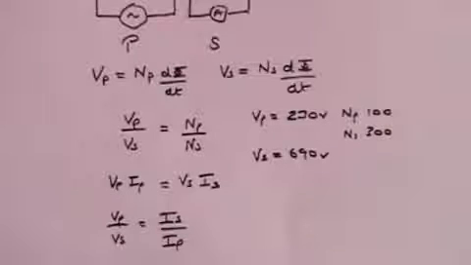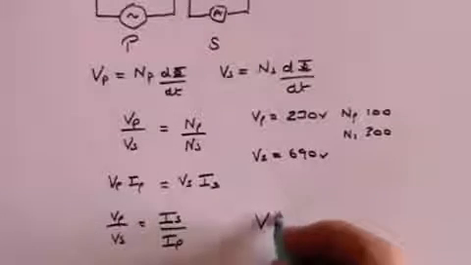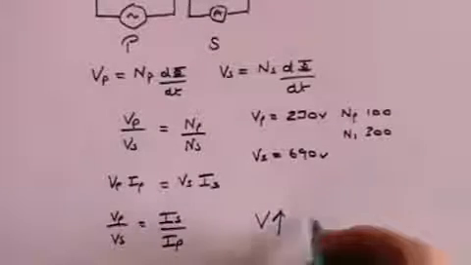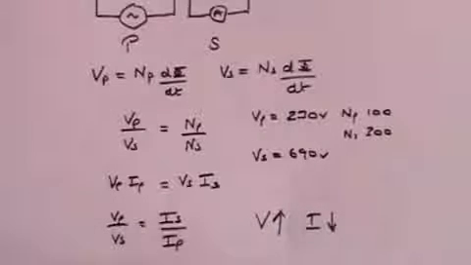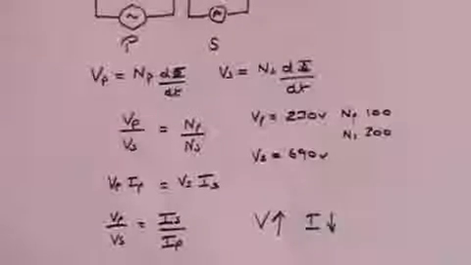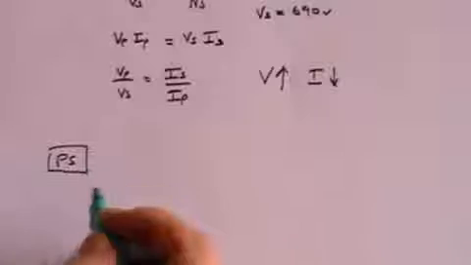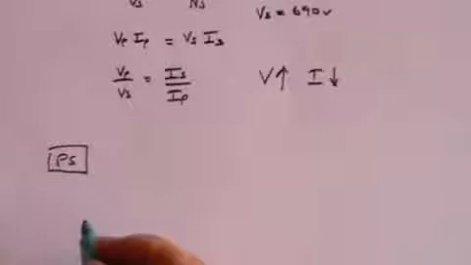And what that means is that for an induced voltage and induced current, if you step the voltage up, then the current goes down. On the other hand, if the voltage goes down, the current goes up. And this is precisely the principle that's used in the national grid. We start with a power station where alternating current is generated.